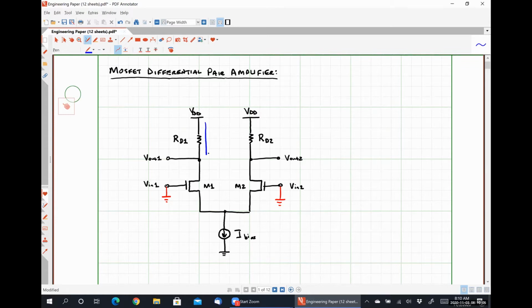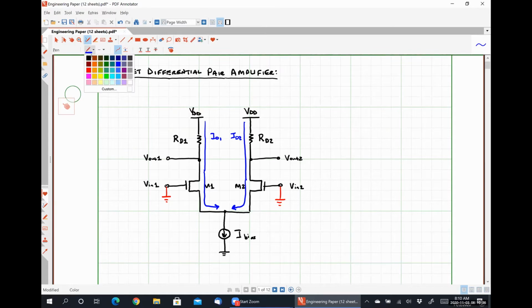I could see that there's going to be some current ID1, and let me draw this better. It's going to get sunk by our reference current source at the bottom, and there's similarly a current ID2 that gets sunk in the bottom there.